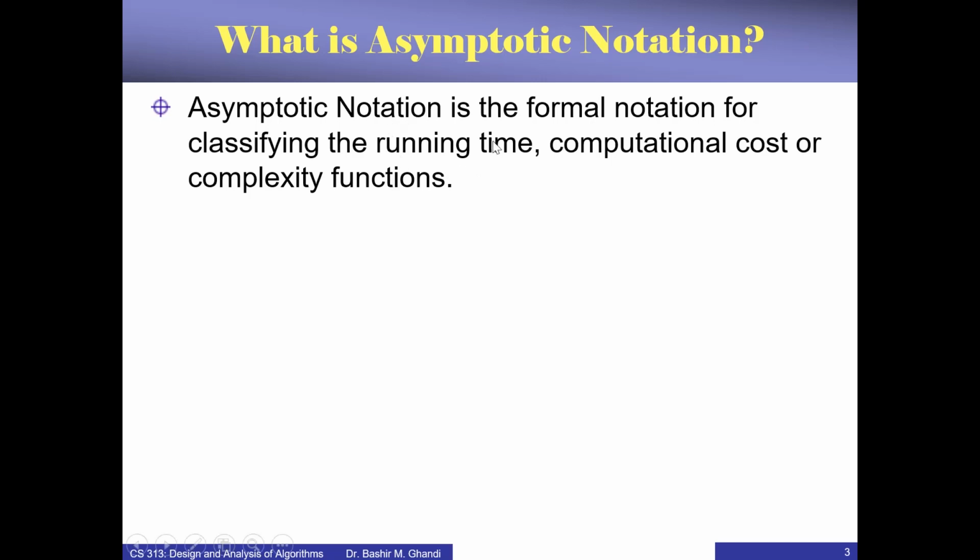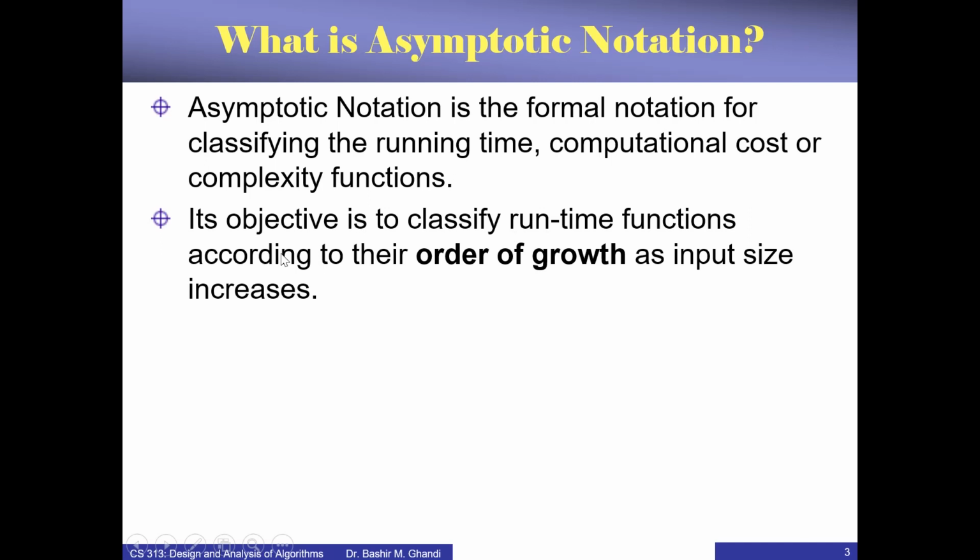Sometimes we call it running time function, sometimes computational cost, or sometimes we simply call it complexity function. They all mean the same thing. So asymptotic notation gives us a formal way of classifying these different running time functions.